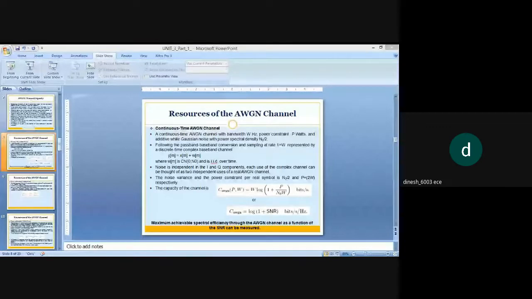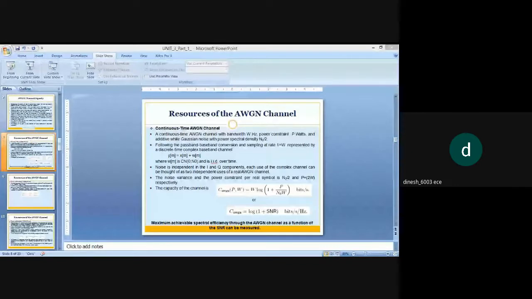And if the signal to noise ratio is low, the capacity increases linearly with the received power P, so for every 3 dB increase, the power doubles the capacity. Keep in mind, we should have the signal to noise ratio as low as possible. Then only the capacity of the channel can be doubled for every 3 decibel increase in power.